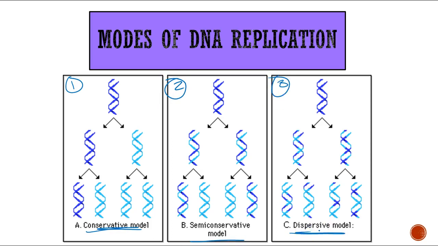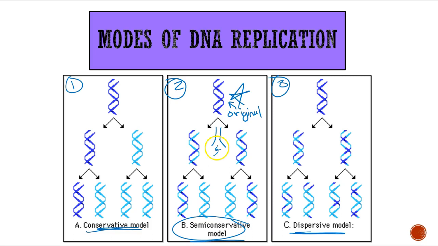From our prior videos on the structure of DNA, we know the semi-conservative model is the correct model. Our original strand, seen here in dark blue, is going to be split apart, producing this replication fork. I know we haven't talked about how the replication fork is produced yet, but we will.